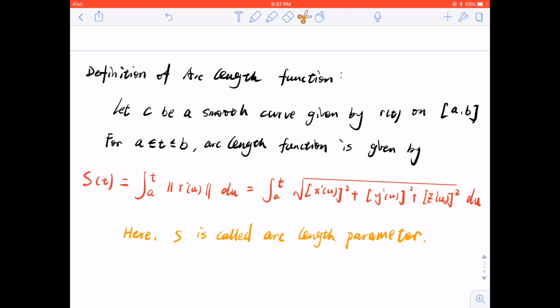With this function, we can calculate the arc length from any given point to the end point. Something worth noticing is that s here is called the arc length parameter. We're going to learn why that is important later on.